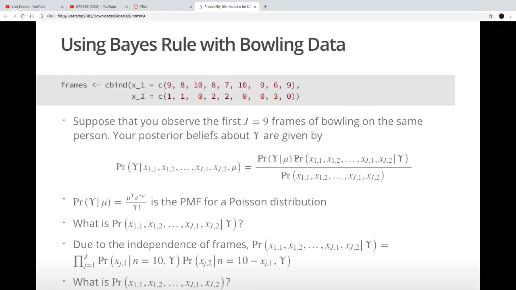Okay. So remember before we talked about how would we get the marginal probability for what happens on the second roll of a frame of bowling? What did we do to get that? Remember we had the table? Summed. So we took the joint probability of the first roll and the second roll, summed it down to get the probability of what happens on the second roll, irrespective of what happens on the first roll.